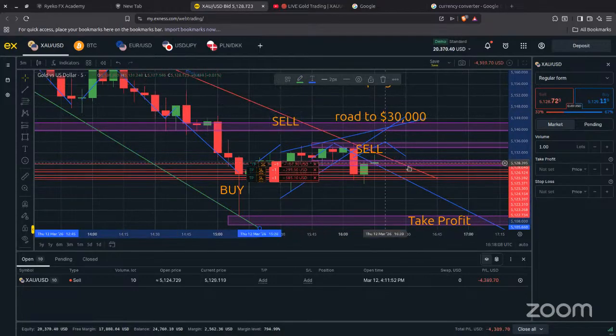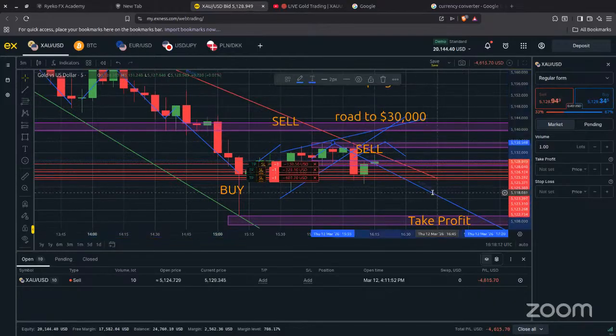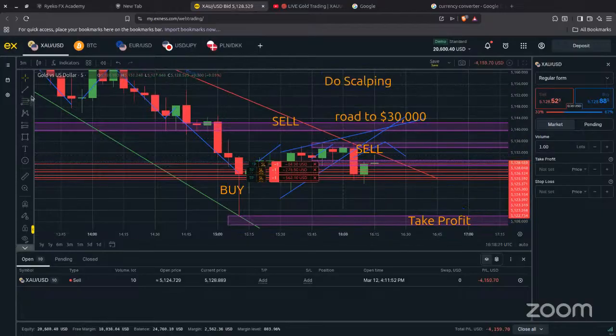Those are the lines that guide. But sometimes I have too many lines, so I need to remove some so that it doesn't confuse. Okay, so let's wait. This time round, we'll do discipline and hold on to the trade.